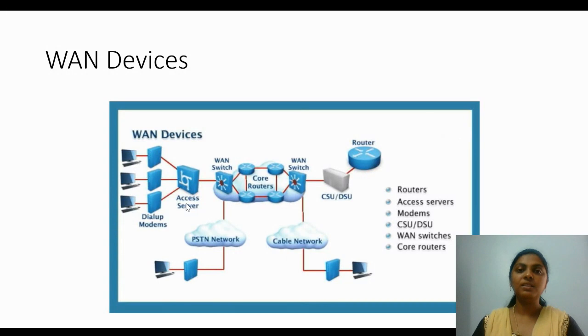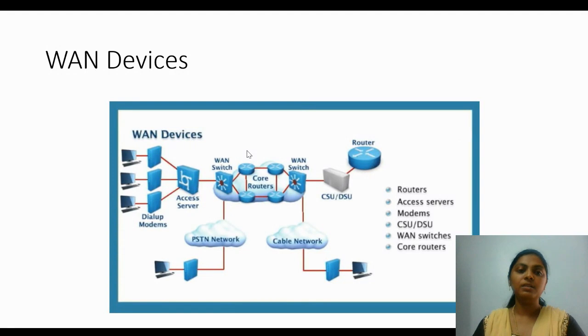And the third device is the WAN switch. We all know that the switch operates at the data link layer and it is a multi-port switch. This WAN switch helps in internetworking devices. So what about the functionality of the WAN switch? Its main functionality is to switch the traffic, such as from ATM, frame relay, and SMDS.